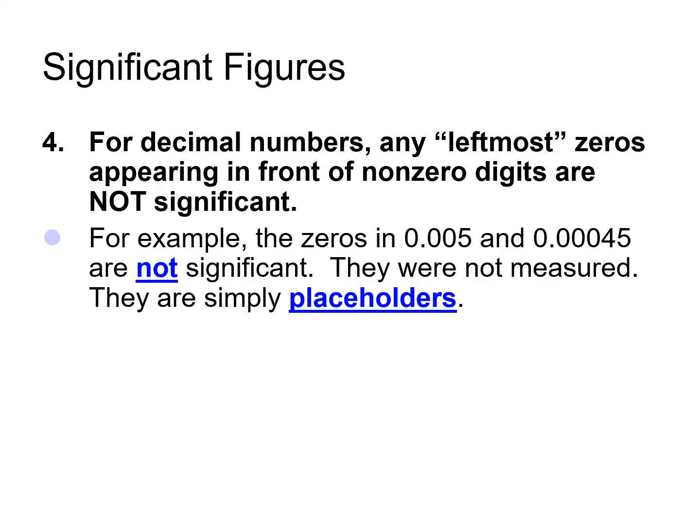For example, 0.005, 0.00045, those zeros on the left are not significant even though these are decimal numbers. Any numbers that have a decimal, the zeros up front on the left do not count. They do not contribute to the accuracy or precision of the measurement or the calculation.